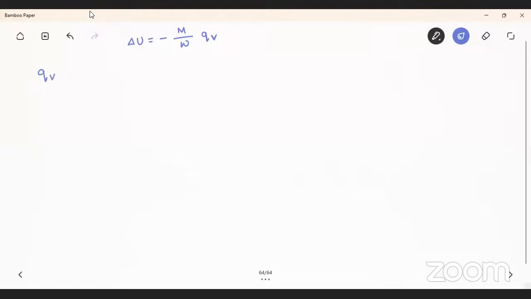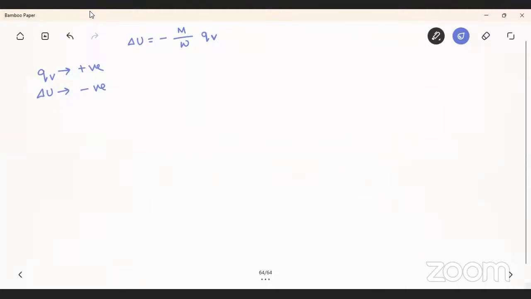QV positive. If this is positive, then along with this negative sign, delta U will be negative. Is this part clear? If QV is positive, why is delta U negative? Clear or not?